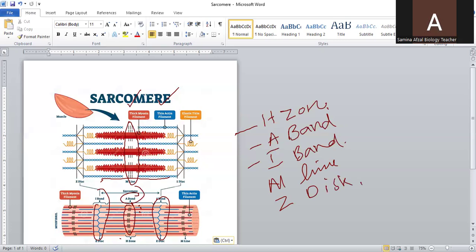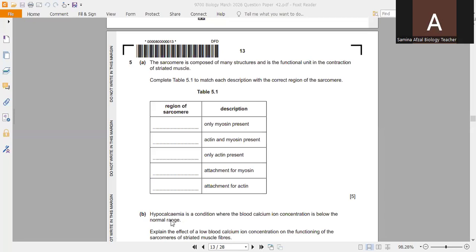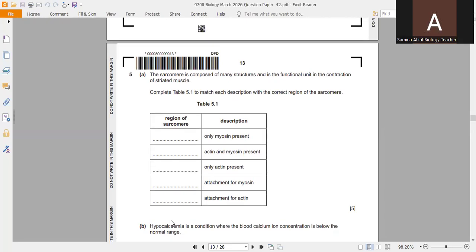So let's move to the space where we have to write all these. Only myosin is present in the H zone, and actin and myosin both are present at the A band.